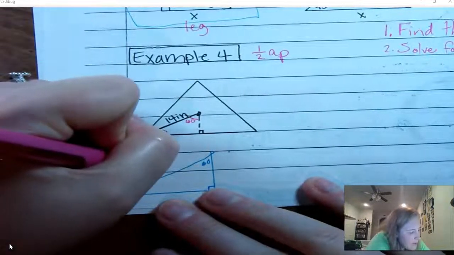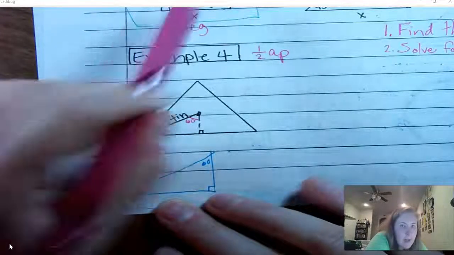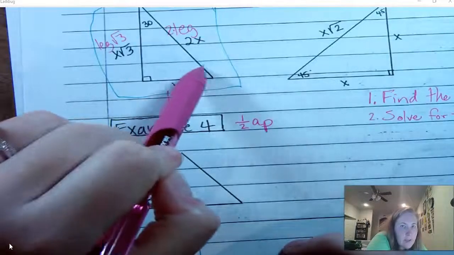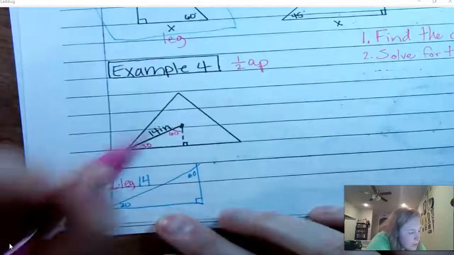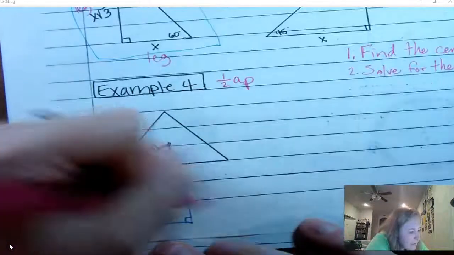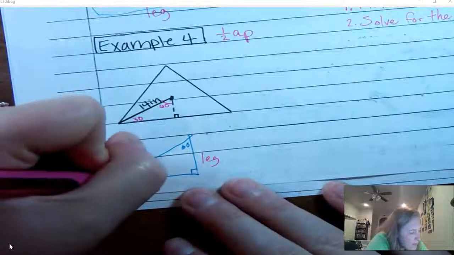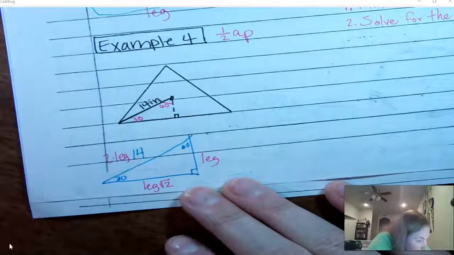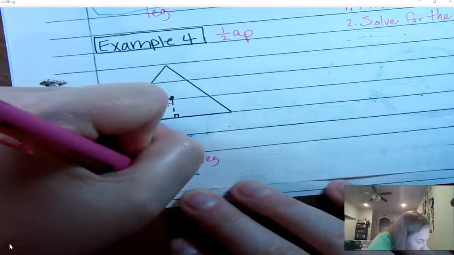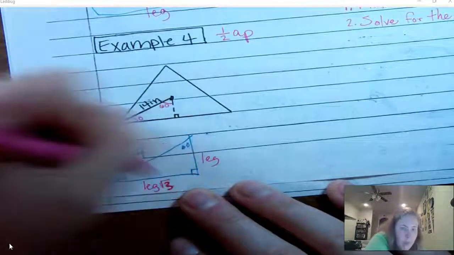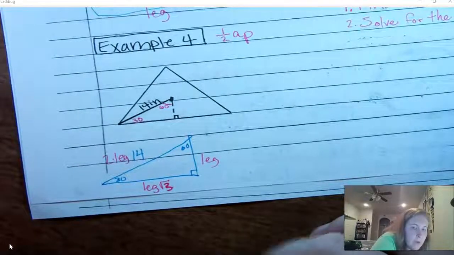And I'm going to label this 2 times the leg, because that's my hypotenuse. This is coming straight from up here. My short leg, which is across from 30 degrees, is going to just be called leg. And then I have leg root 3. Better watch out. I'm going to label it wrong.